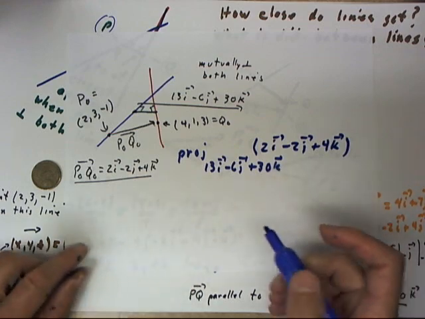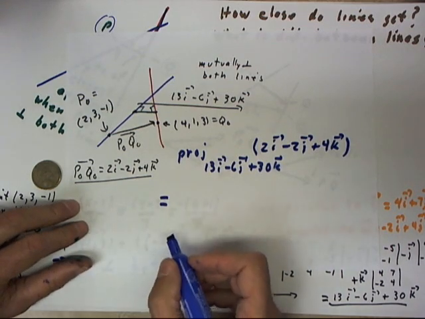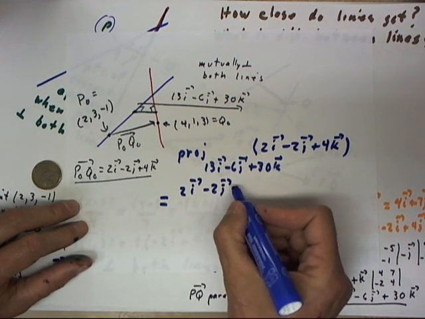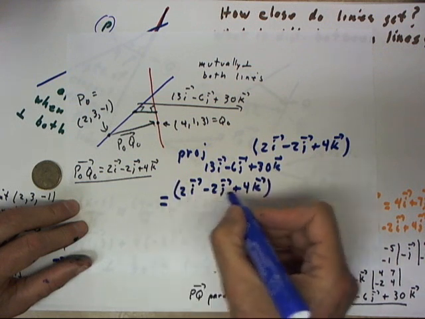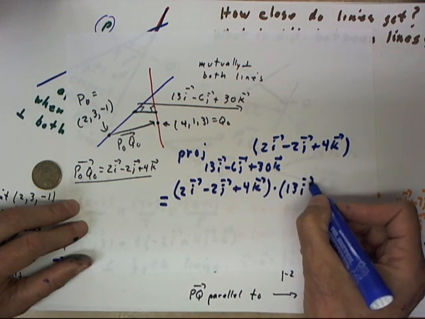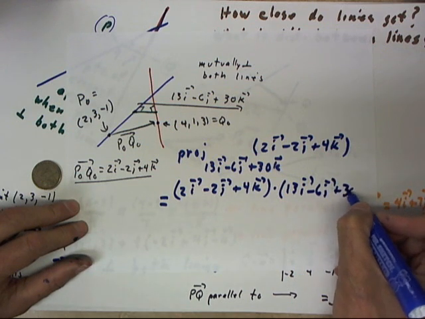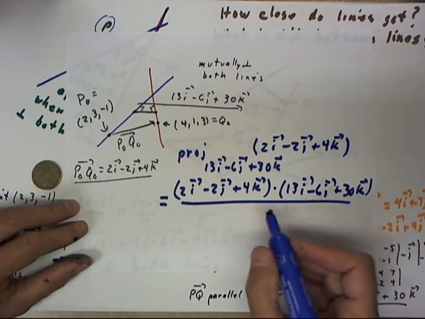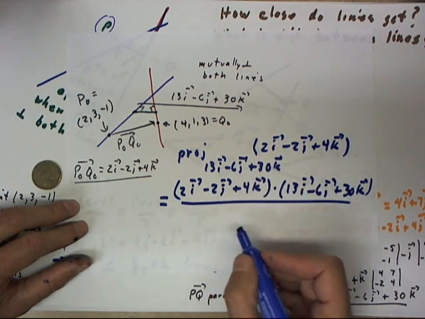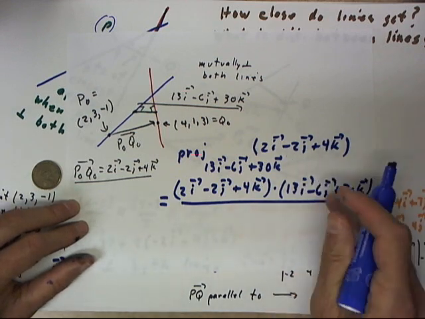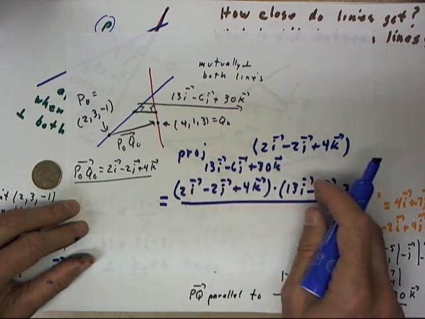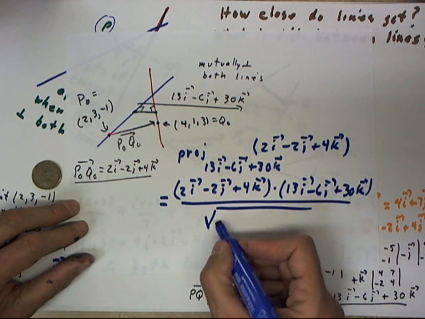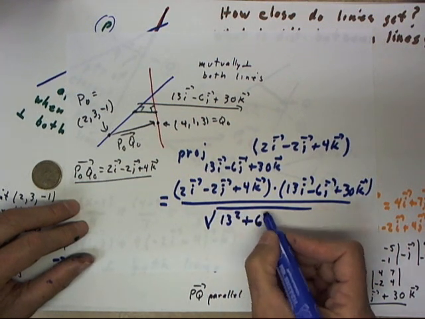Now projecting this vector onto this, we get the dot product of 2i minus 2j plus 4k dotted with 13i minus 6j plus 30k, and we're going to divide by the magnitude of the vector onto which we're projecting. Again, essentially making this vector into a unit vector, and then taking the dot product with our P0Q0 vector. And you should think about why that's the thing we need to do.